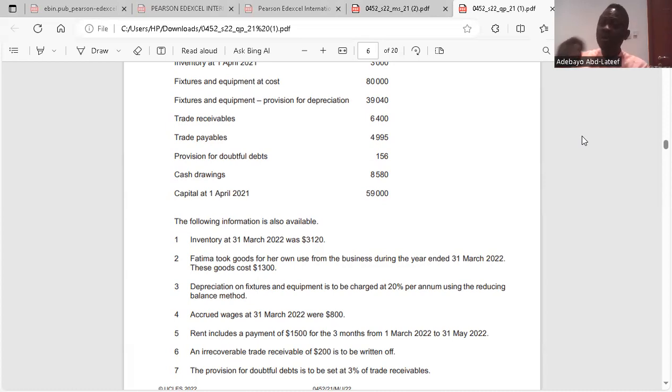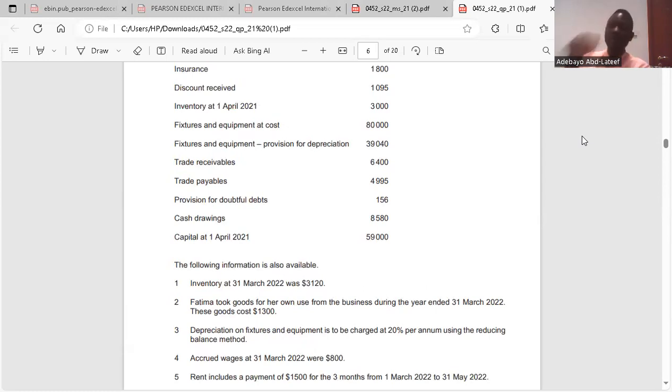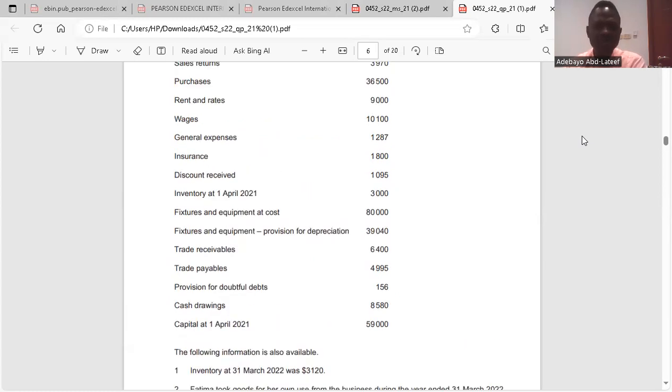That means 2 months out of the 3 will be left over. So 2 over 3 of 1,500 gives us 1,000. We take it from the total cost because we're talking about March. So 9,000 minus 1,000 gives us 8,000. I think that is clear. That's the rent and rates.